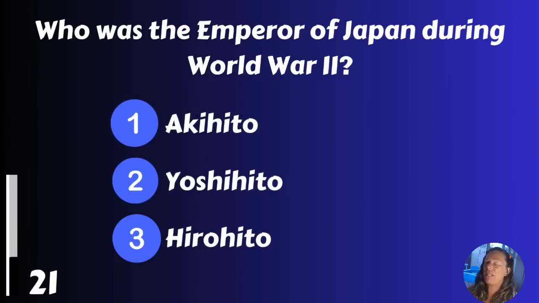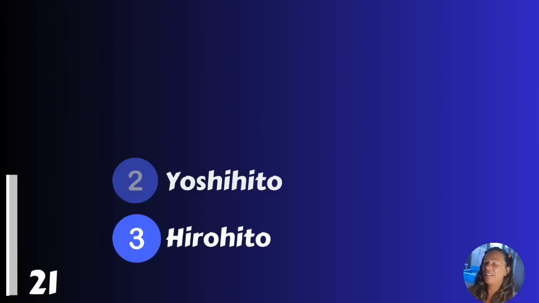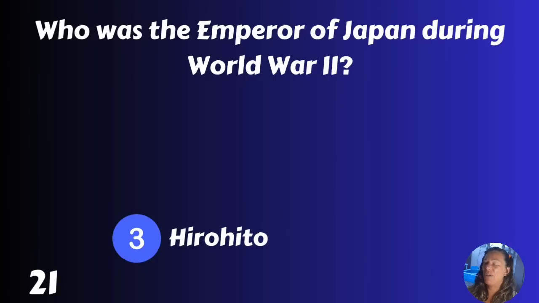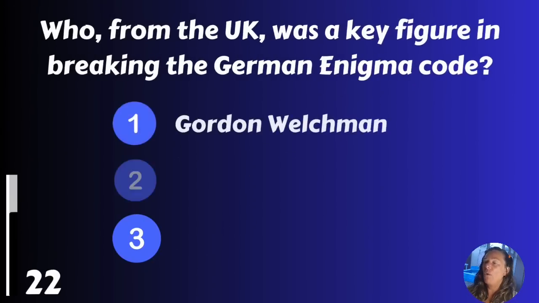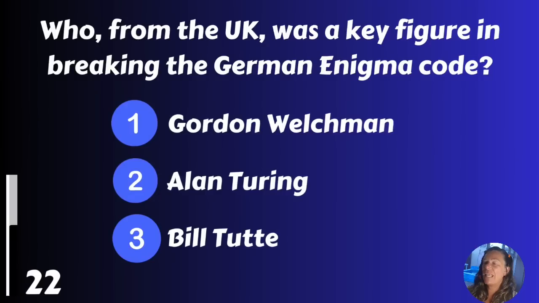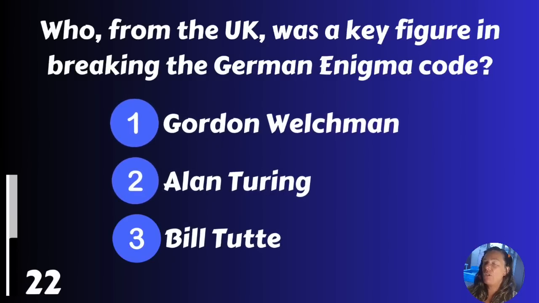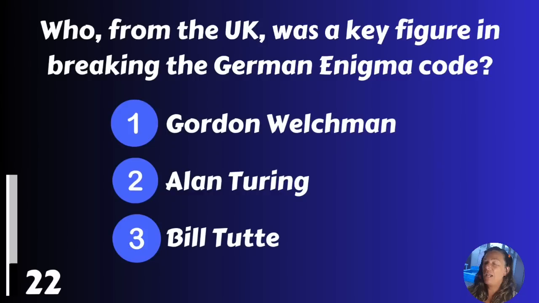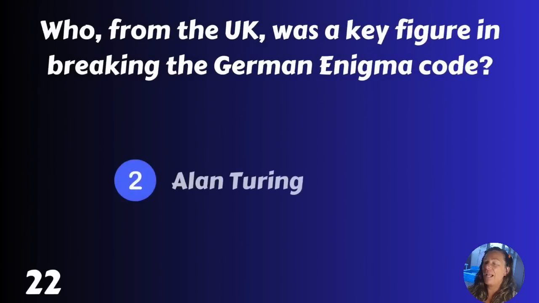My Japanese, please don't make me try and pronounce it. It was Hirohito, Emperor Hirohito. Who from the UK was a key figure in breaking the German Enigma code? Gordon Welchman, Alan Turing, or Bill Tutt? Alan Turing.